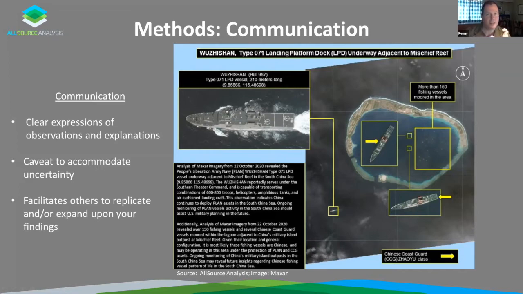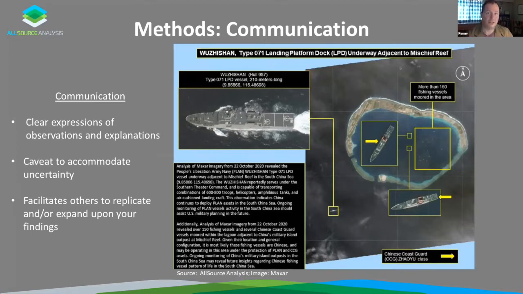Those kinds of expressions of certainty are essential in our communication and help as methods for first identifying disinformation, and then overcoming it. So you want to search for those types of caveats in geospatial communications that you run into yourself.